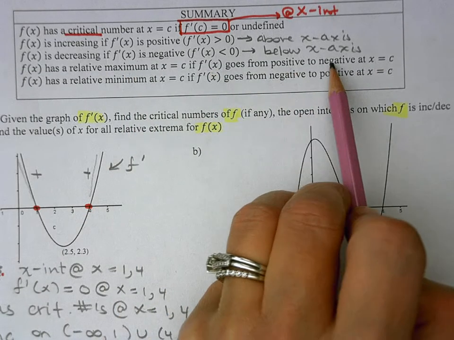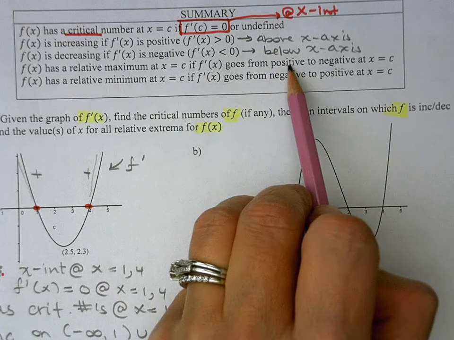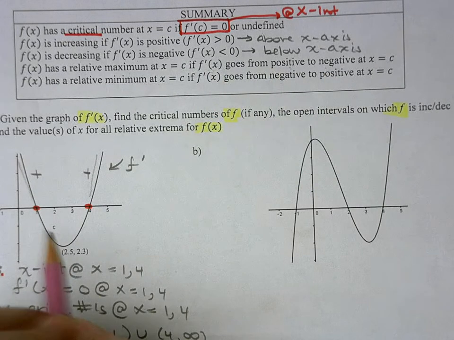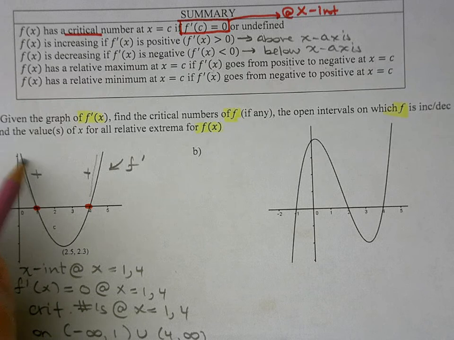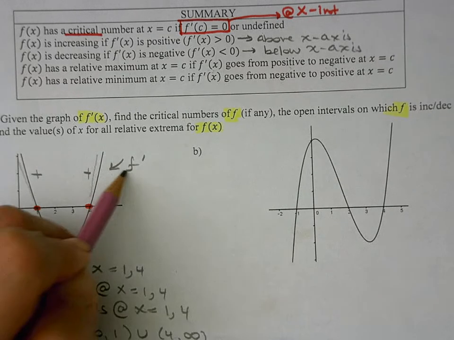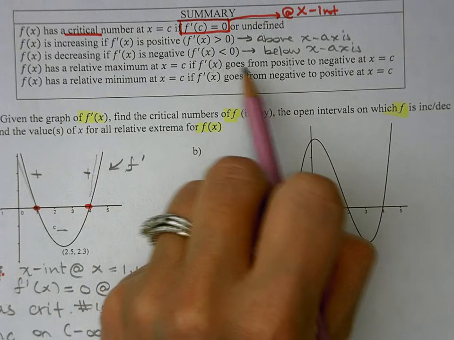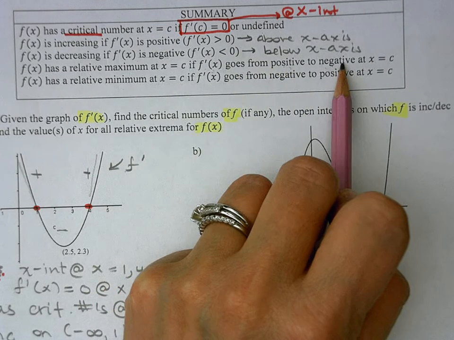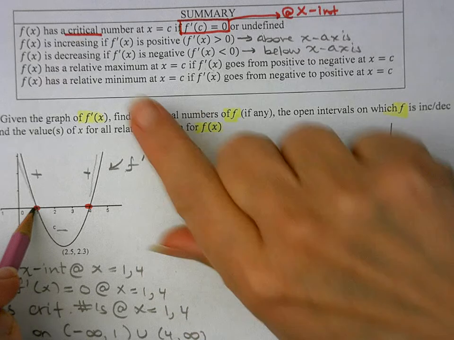If I look at this picture, f prime goes from positive to negative here. So at x equals 1, I'm going to have a relative maximum for f of x, not f prime, but for f of x. So f will have a relative maximum at x equals 1.